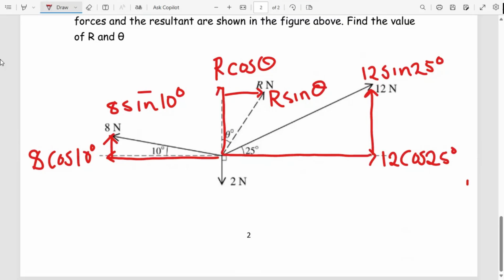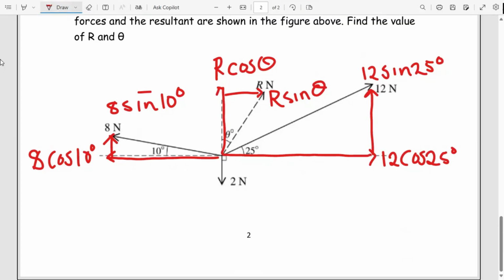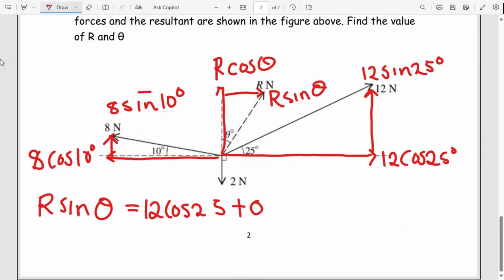So this is what I'm going to do. I don't know if I have enough space here, but I can say the x component of R, which is R sine theta, will be equal to the x component of 12, which is 12 cos 25, plus 0, which is the x component of the 2 Newton vector, then minus 8 cos 10.